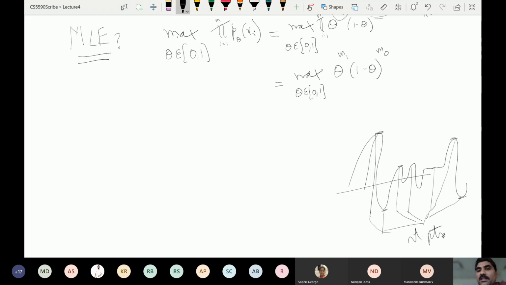Okay, so let's look at the critical points of this function. When is the slope 0 for this function? It is simply m1 theta to the power of m1 minus 1 times 1 minus theta to the power of m naught. I'm using the product formula.